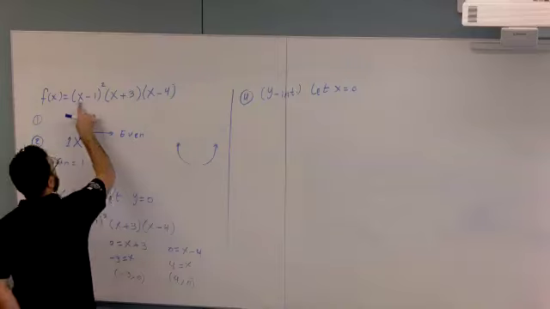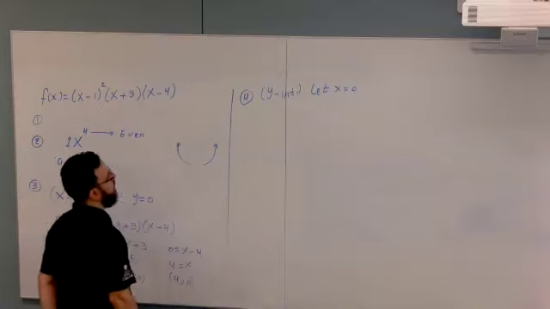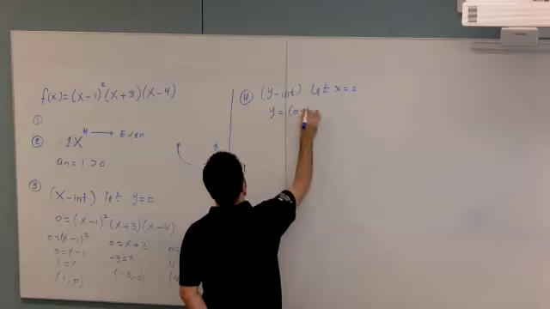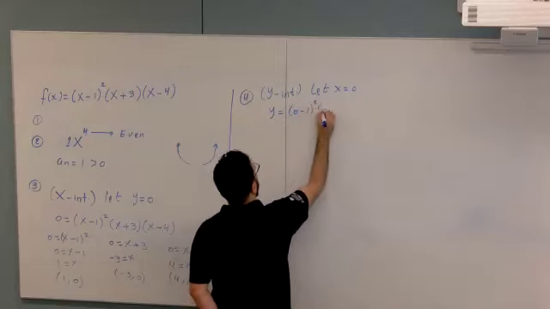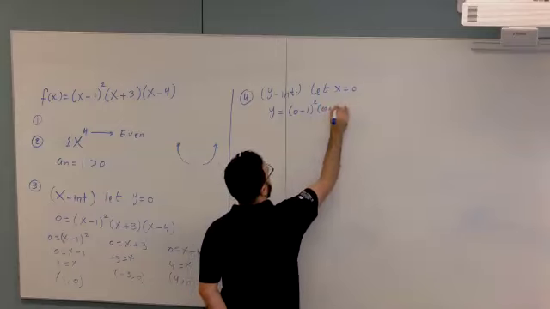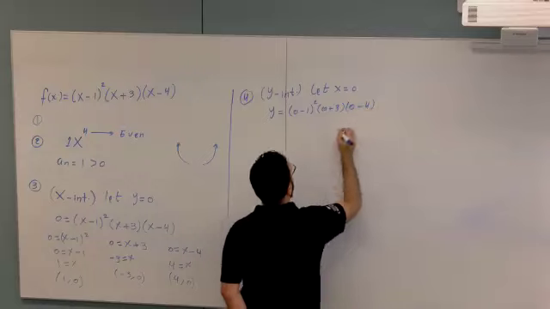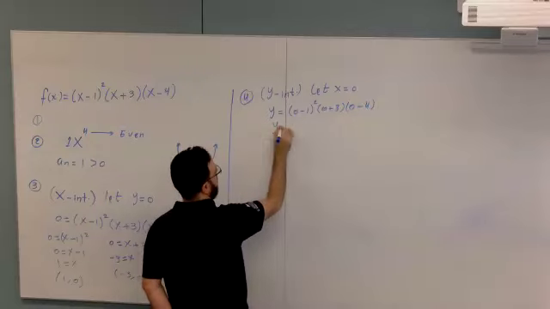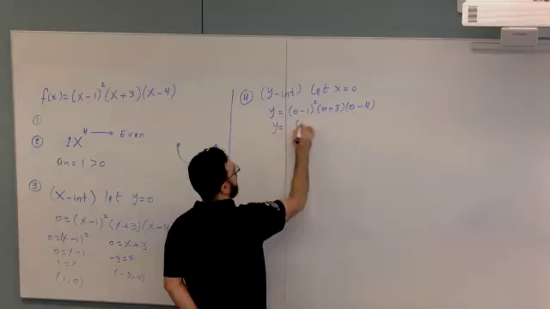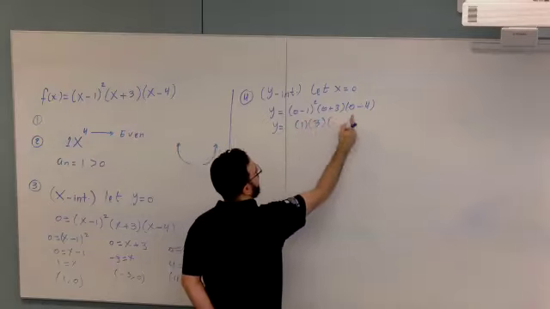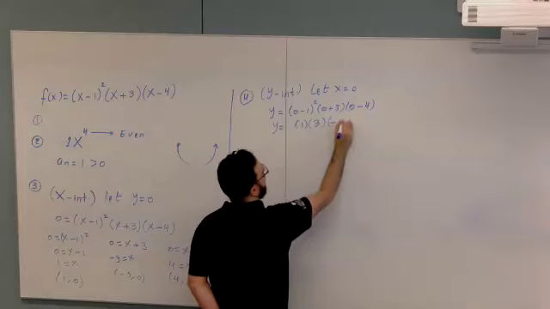Go back here. You're gonna put 0 here, 0 here, and 0 here. Y is going to equal 0 minus 1 squared, 0 plus 3, and 0 minus 4. Do it this way. Negative 1 squared is 1. 0 plus 3 is 3. 0 minus 4 is negative 4.